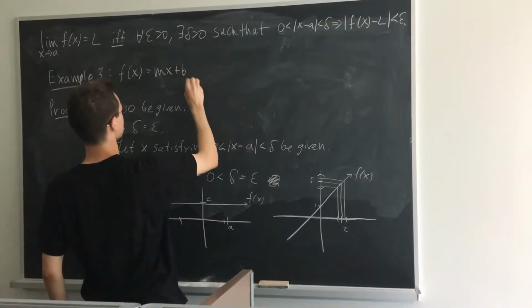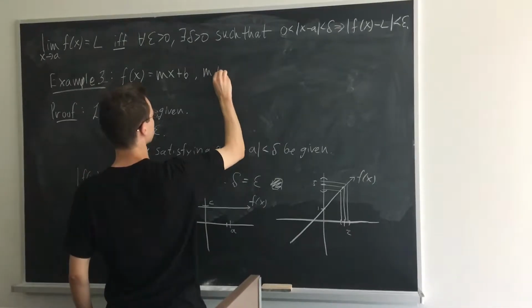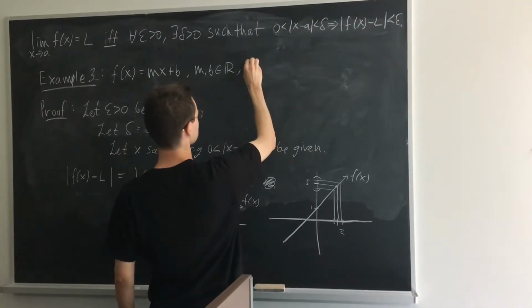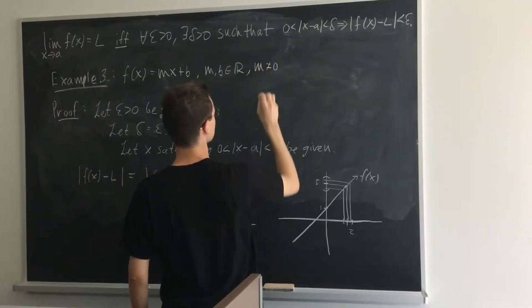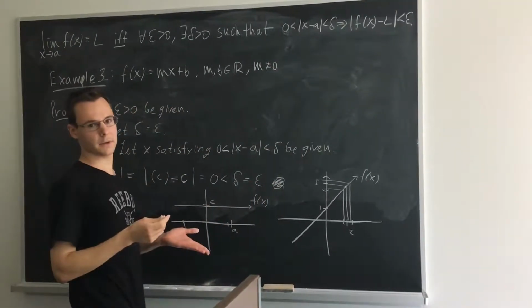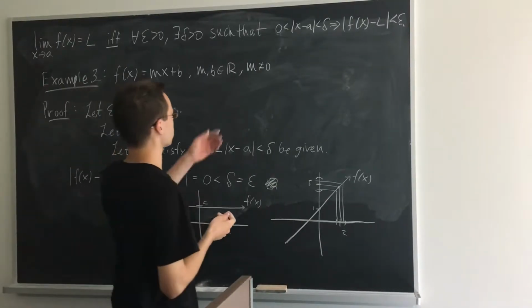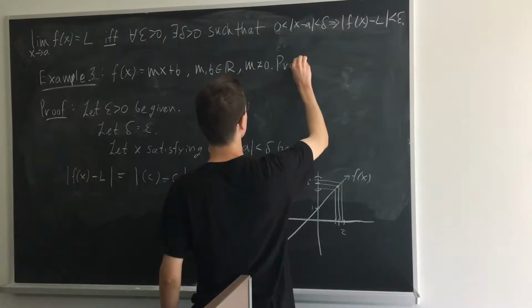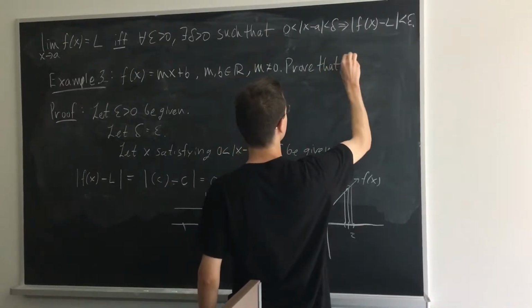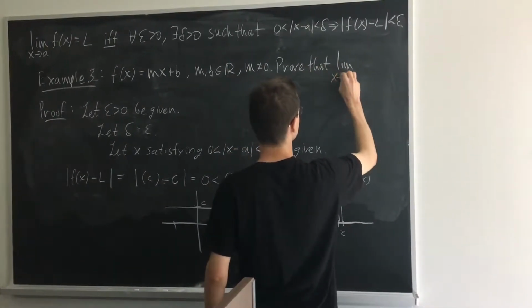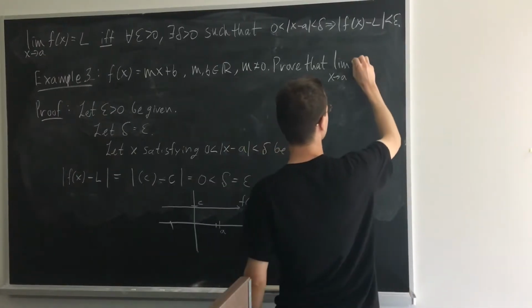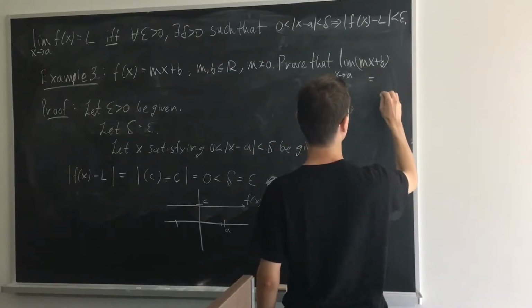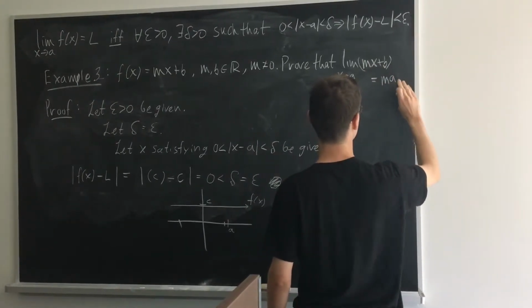mx plus b. m and b are real numbers. And we're just going to stipulate here that m is not equal to 0. Okay? We just covered that case where m is equal to 0. Okay? So the slope is non-zero. Okay? And we're going to prove that the limit as x approaches a for any a of our function mx plus b is the expected value ma plus b.